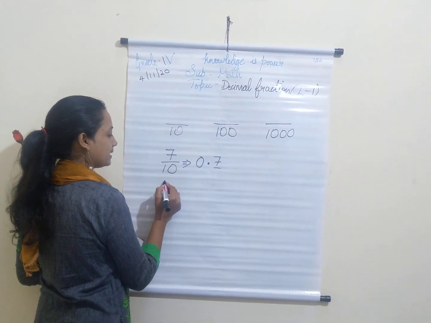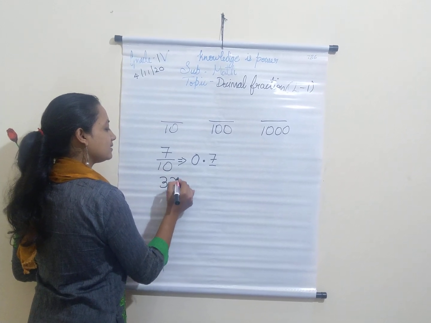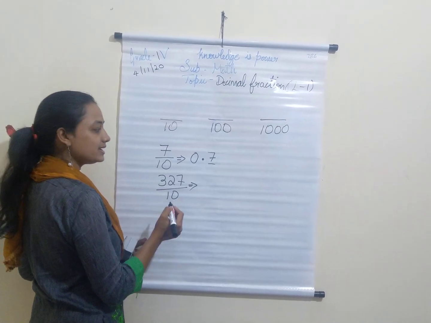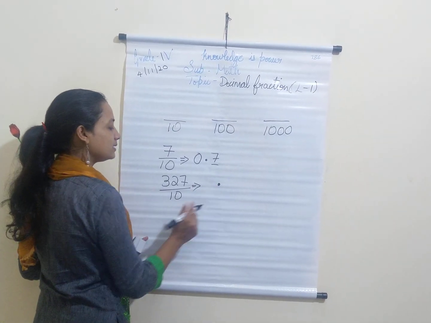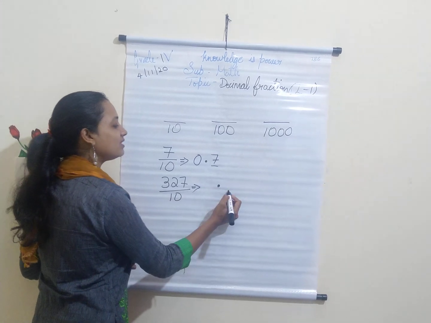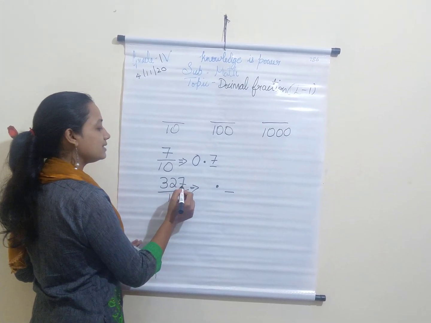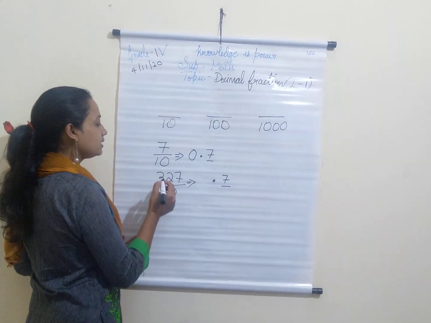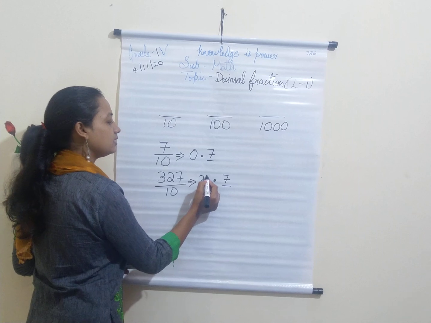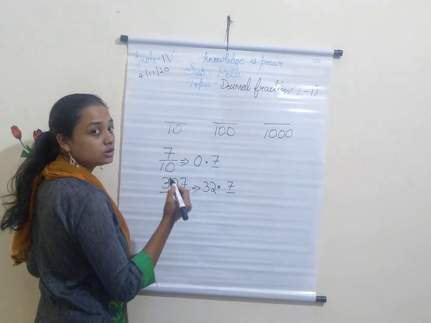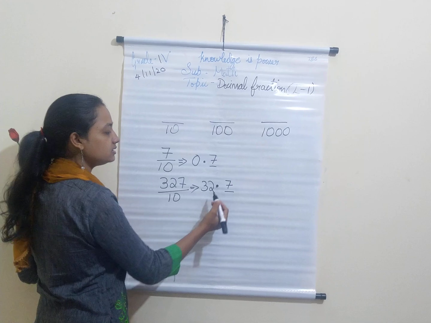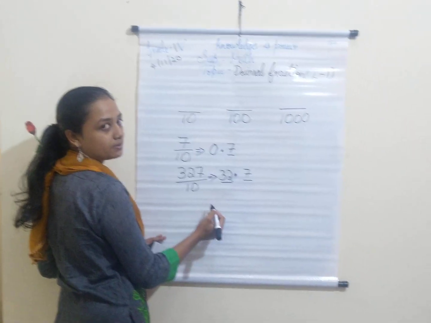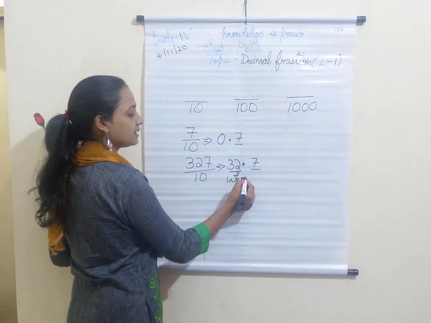So let me show you one more example. I am going to take a 3-digit number divided by 10. What did I say? After the decimal point, how many digits should I have? Only one digit. So the last digit will be written in the decimal part. The remaining numbers will be written in the whole number part. You have already learned about decimals, right children? The number to the left side of the decimal point is called the whole number part.